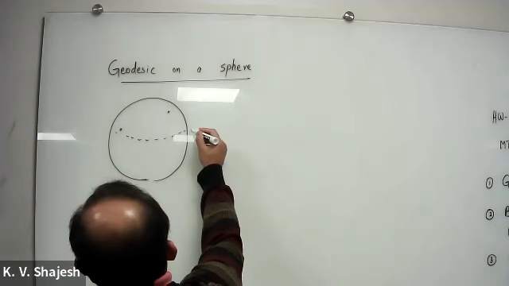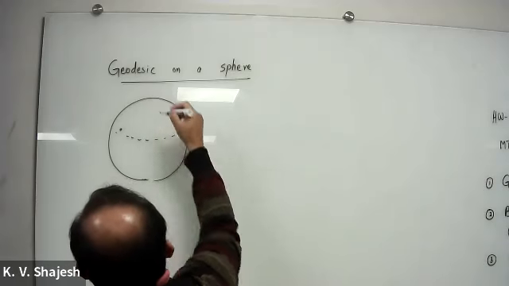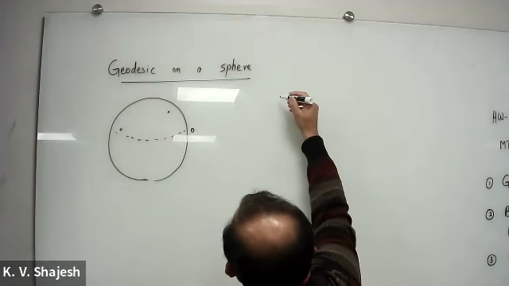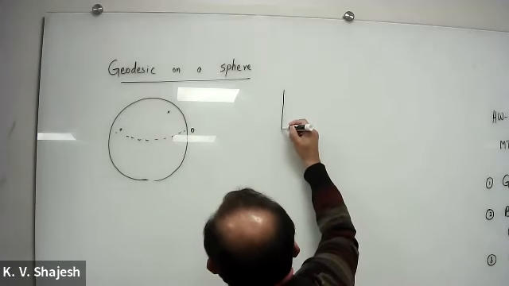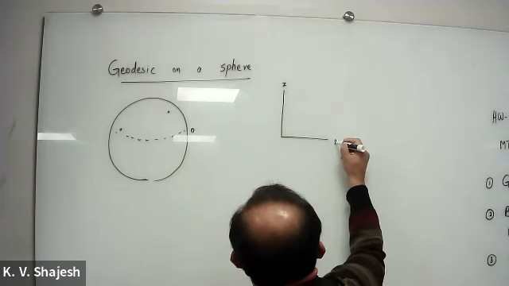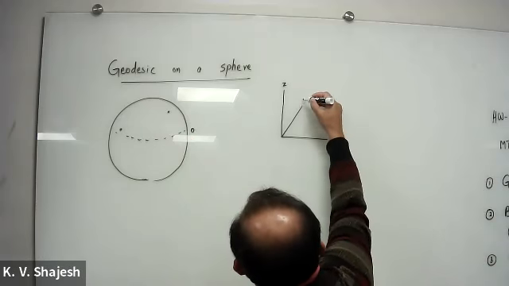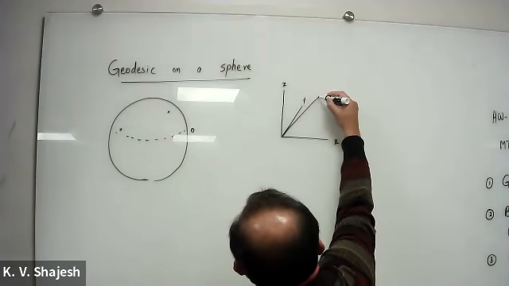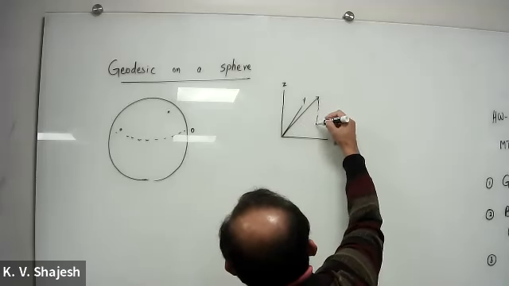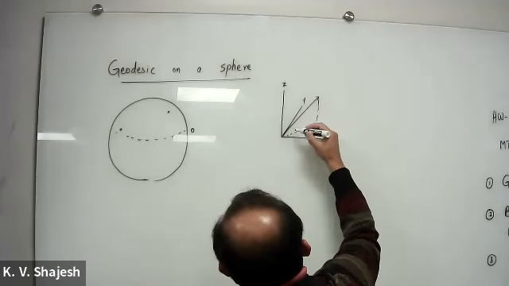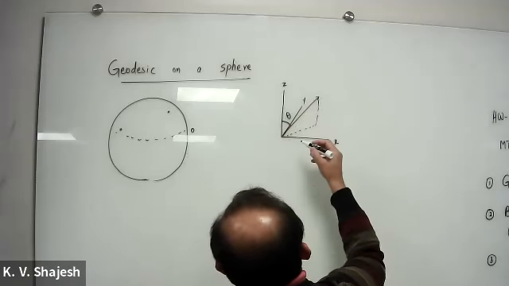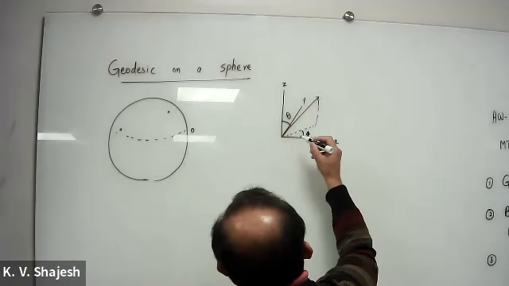So we need two of them. Latitude is 0 here, and that's 90 degrees, minus 90 degrees, right? But we want to use spherical polar coordinates. So in spherical polar coordinates, you say this is your z, that's your x, and that's your y, and you would say that's a vector, right? And that's your angle theta, and that's your angle phi. Is that clear?